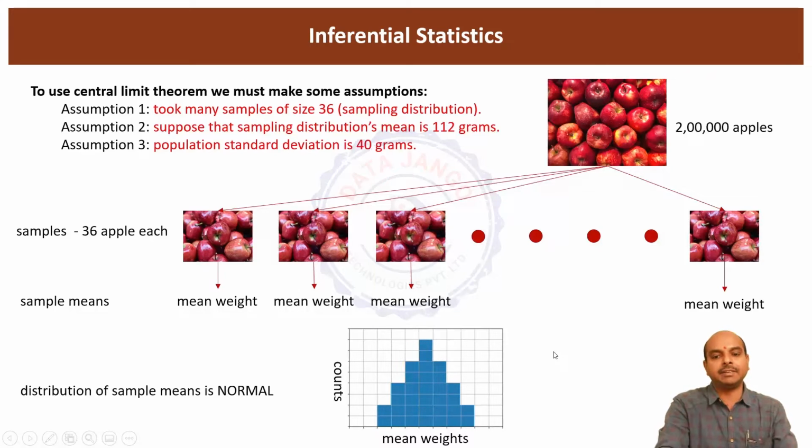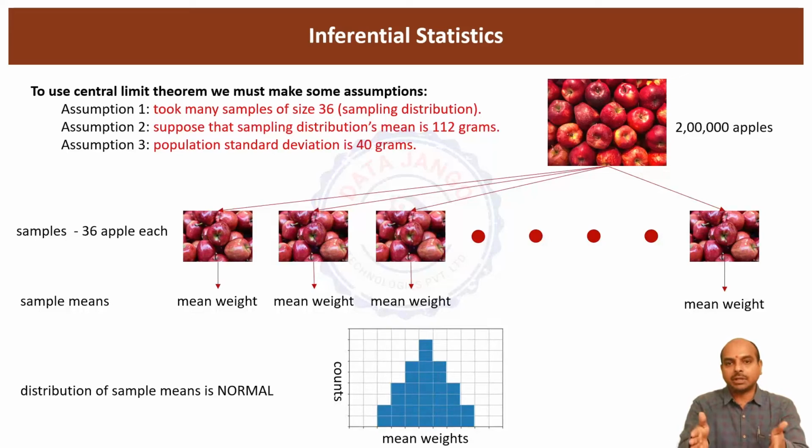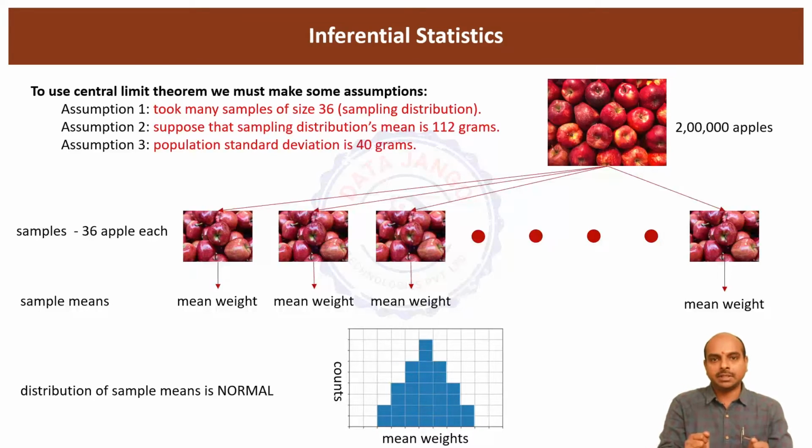If we know the standard deviation, we can calculate how many sample means are going to be within 68%, how many sample means are going to be within 95%, and how many sample means are going to be within 99.7%.